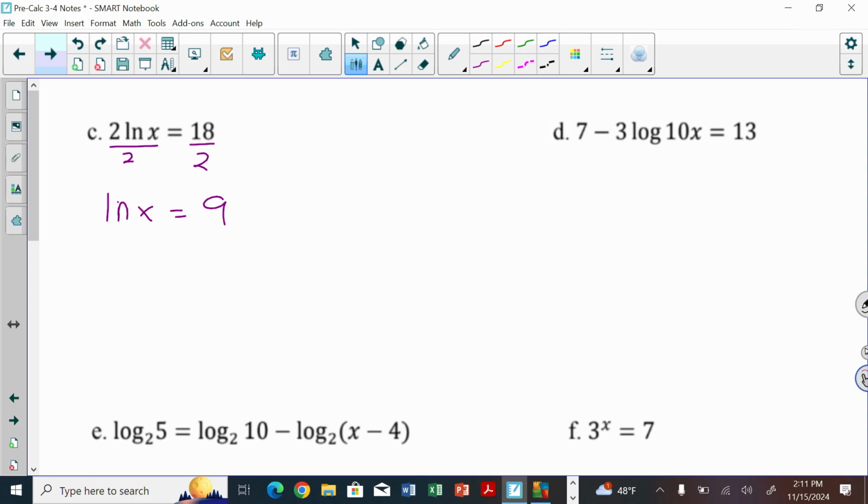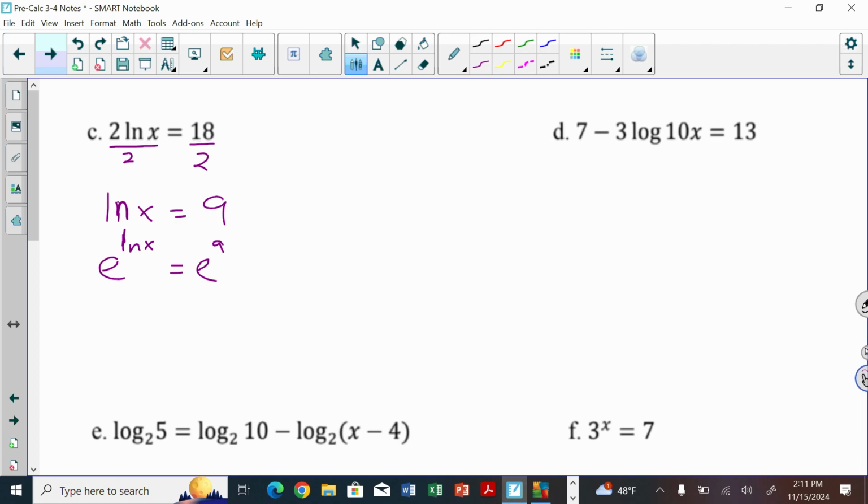Okay, now, since we're dealing with natural logs, we're talking about the base being e. So I can write this in exponential form with e as the base: e to the natural log x equals e to the 9th power.